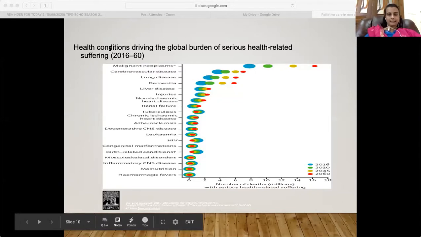And the predicted number of deaths due to various conditions is also expected to shift. The malignant condition, as before, is topping the list. But in addition, it's expected that the number of deaths because of CVA, lung disease, and dementia will also increase by 2060.